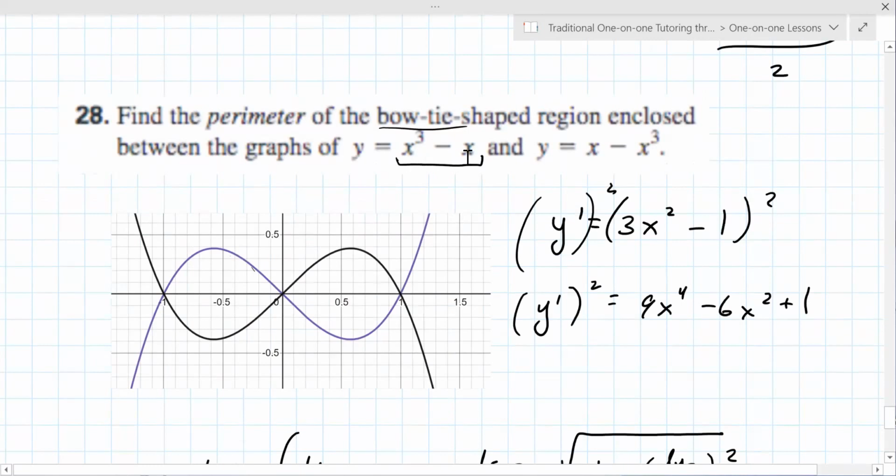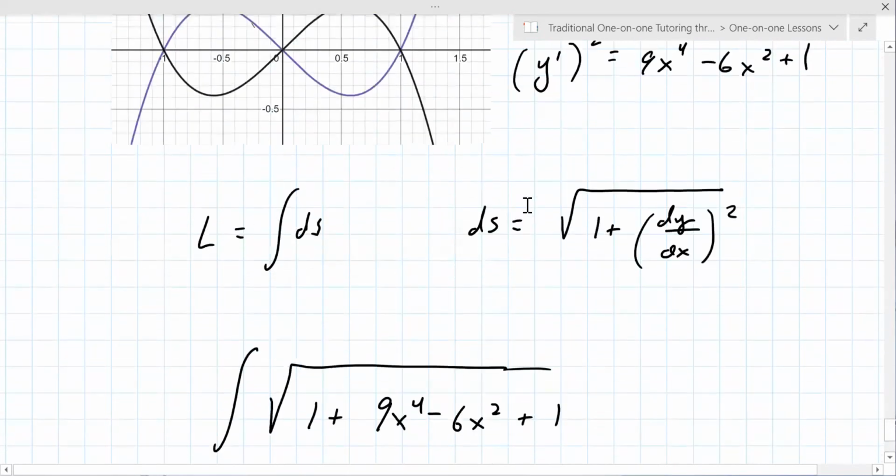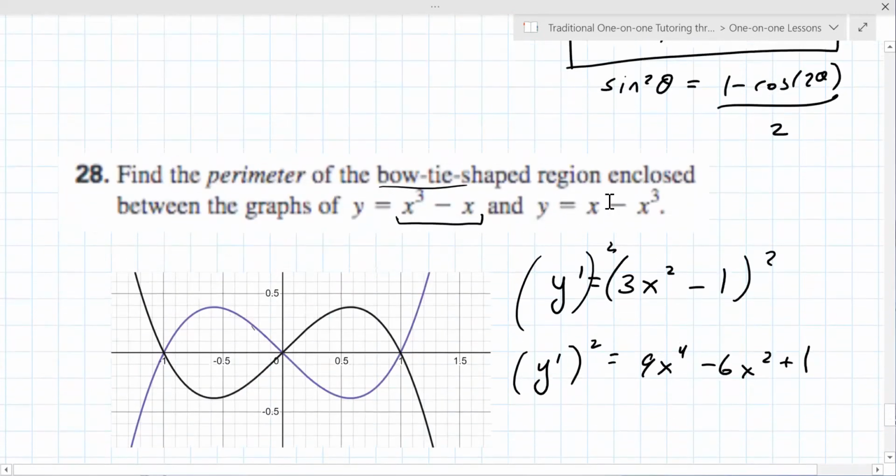X cubed. This one minus that one. No, that makes it worse. I think 2x, and you get 2 minus 6x. A weird question.